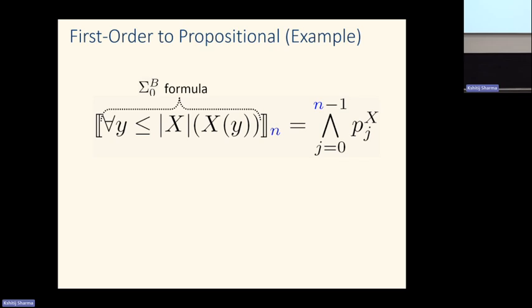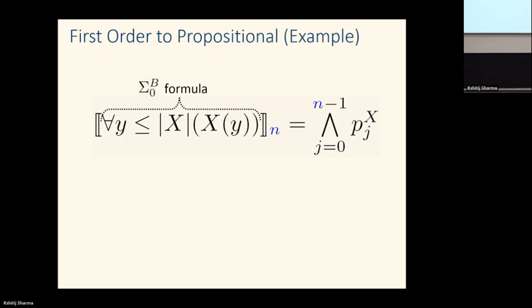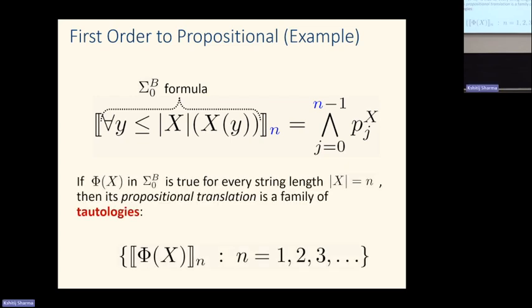And the same for for all. So what will be for all? Well, for all is AND. It's written here. And basically I can take this and say that if phi(x) in some class of formulas is true for every string length, then its propositional translation, just like I showed you in this example, is a family of propositional tautologies.